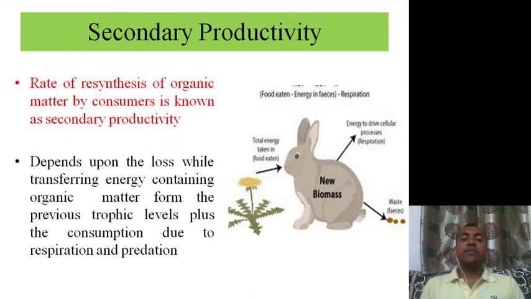Besides this, during digestion and other metabolic processes, respiration is also involved, so there is a loss of energy during respiration also. So it is food eaten minus energy in feces or waste minus respiration. It depends upon the loss while transferring energy containing organic matter from the previous trophic level, plus the consumption due to respiration and predation.